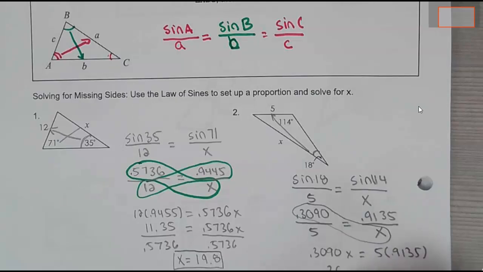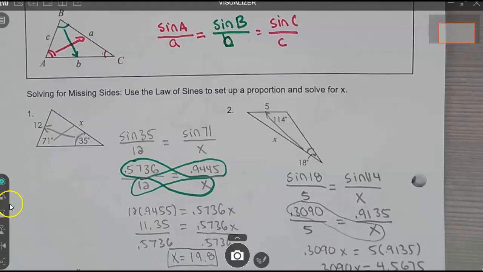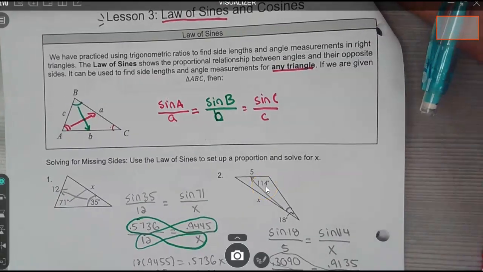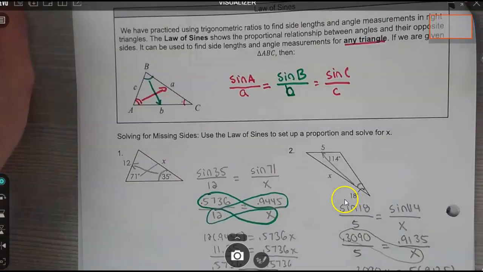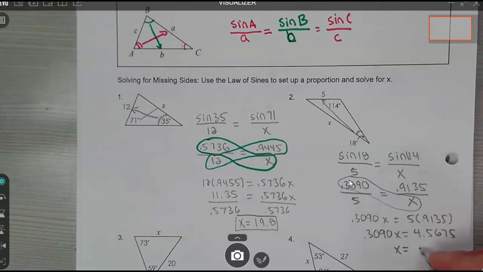So I would get 0.3090x. When I multiply those two together, I get 4.5675. And when I solve for x, sorry guys, I would get x to be 14.78.